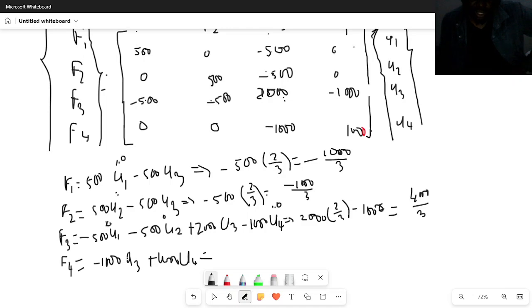Remember, do we have u3? Yes, we have minus 1000 multiplied by 2 over 3. Now this one gives 0. u4 is 0. So what do you have here? You have minus 2000 over 3.